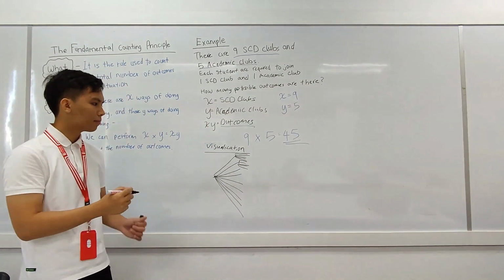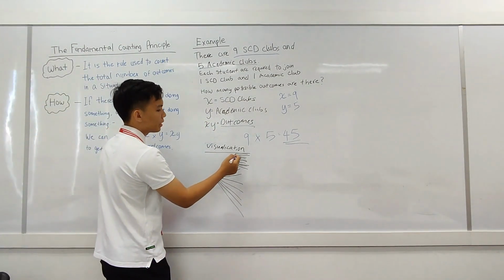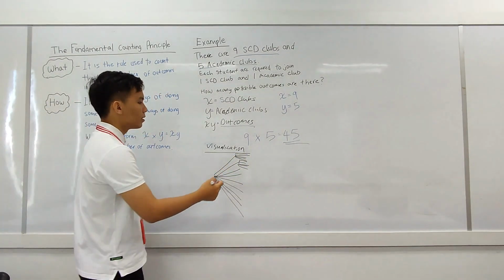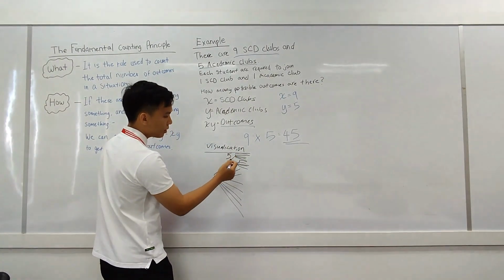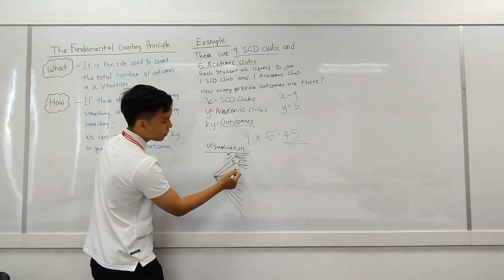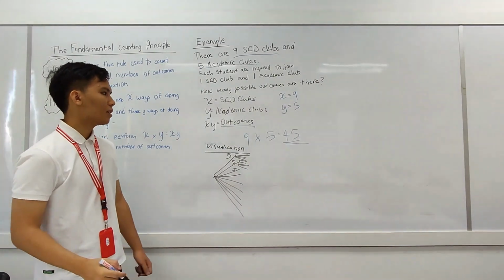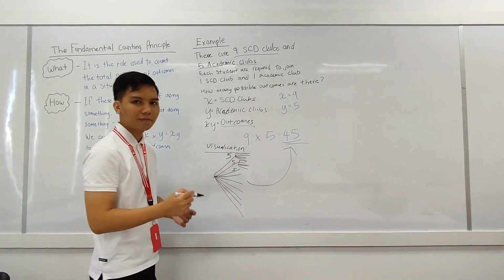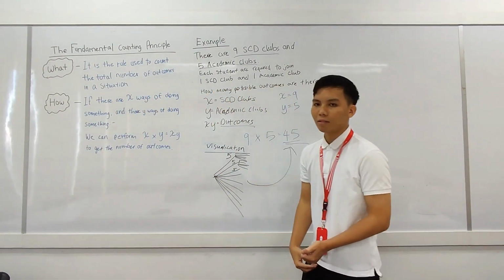So each branch will have 5. If we multiply the branches, each of which has 5 sub-branches, we will get 45. And that's it for the topic, the fundamental counting principle.